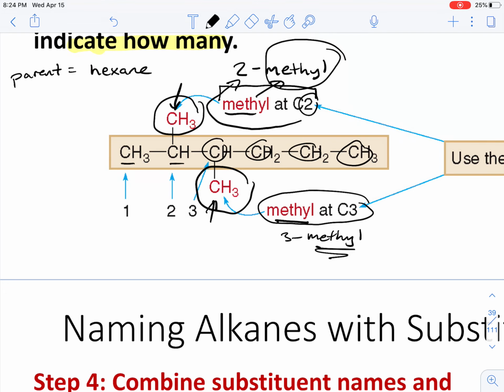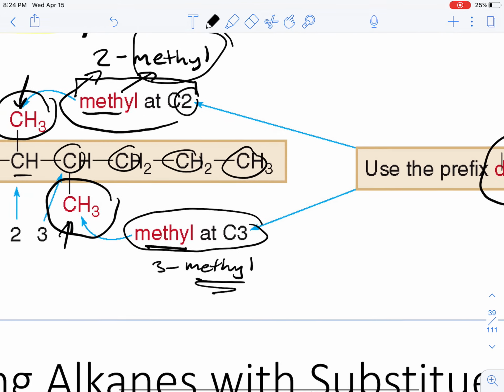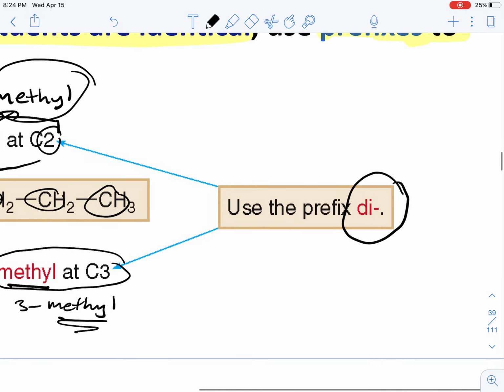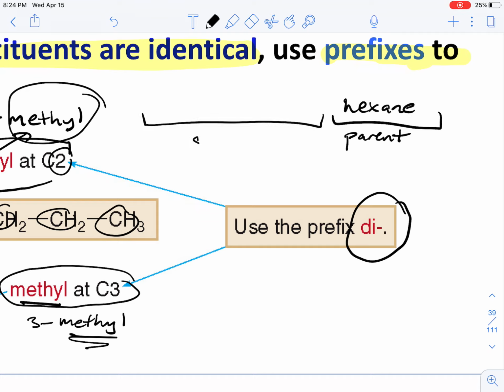And so to name this compound, I'm going to go ahead and say my parent is hexane, and my substituent is going to be 2,3-dimethyl.